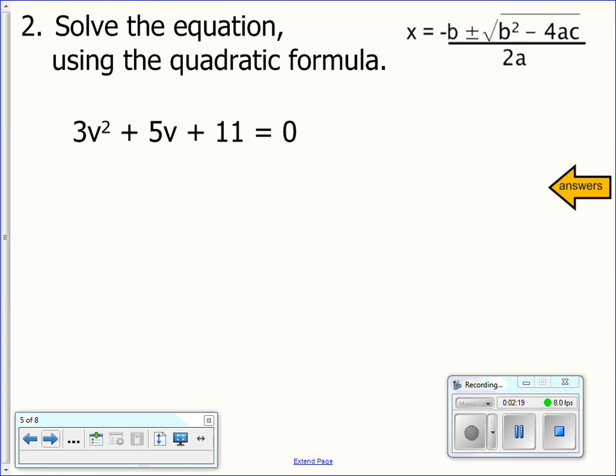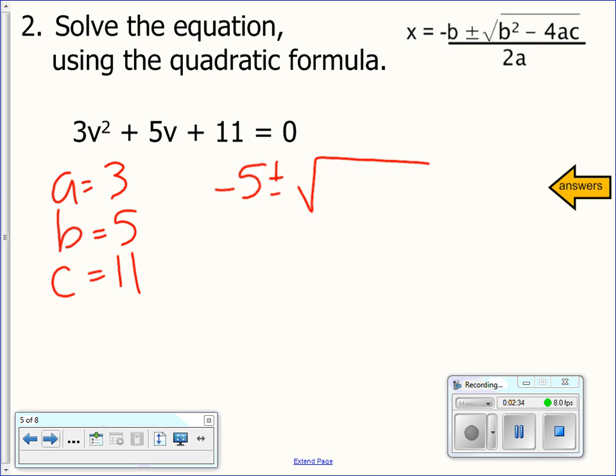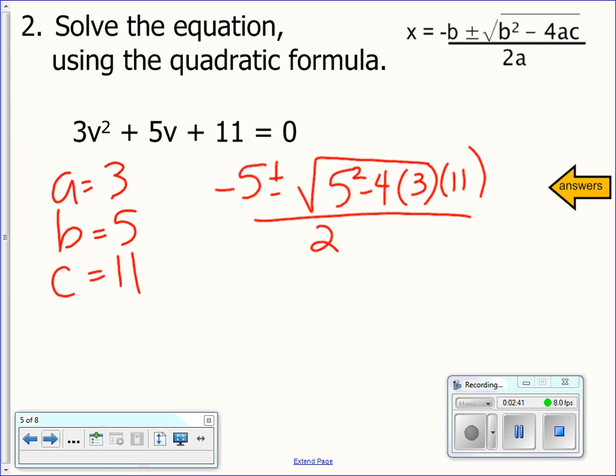All right, let's try another one. Our a is equal to 3, b is equal to 5, and c is equal to 11. So we have negative 5 plus or minus the square root of 5 squared minus 4 times 3 times 11, all over 2 times 3.